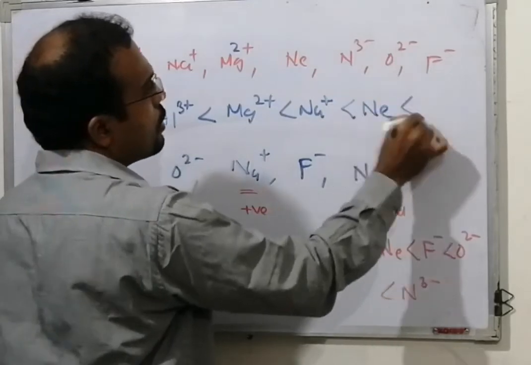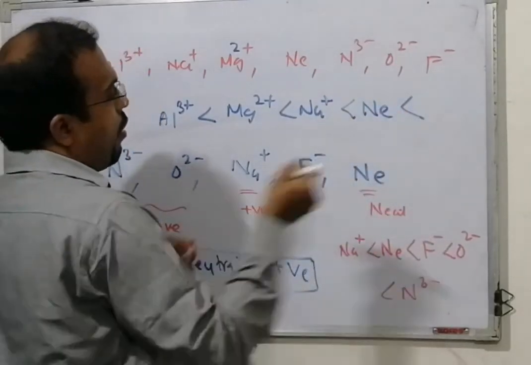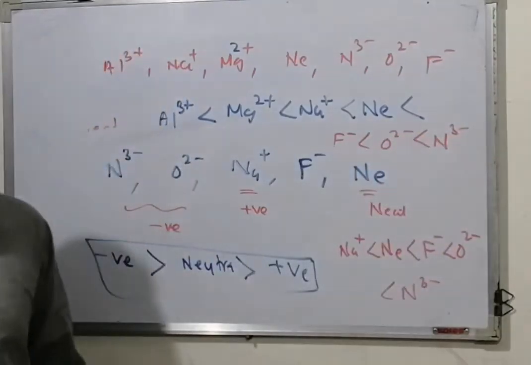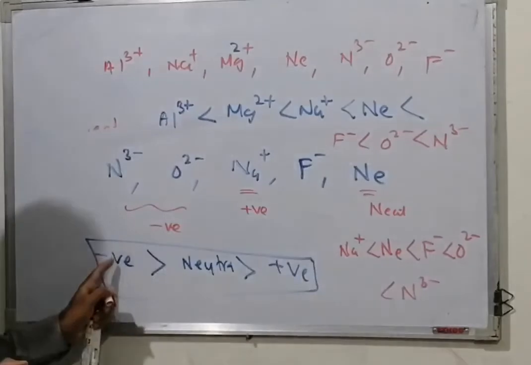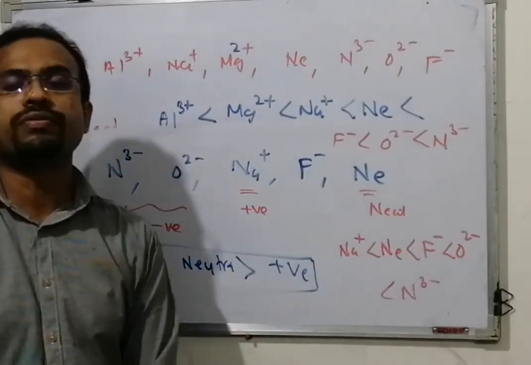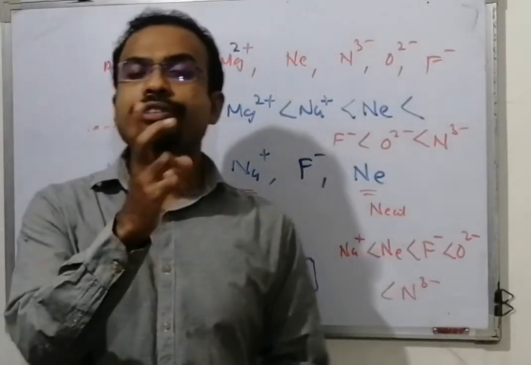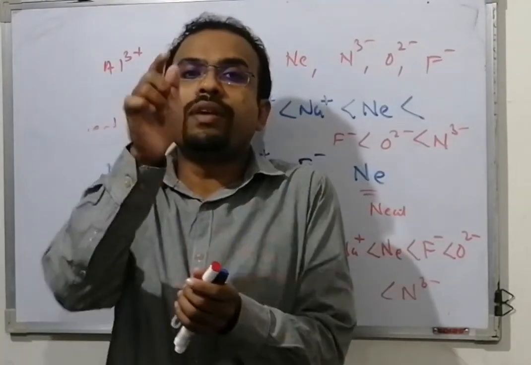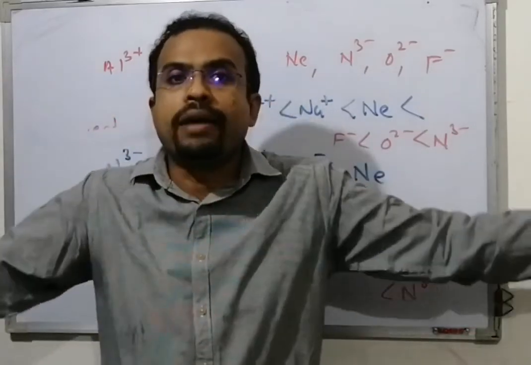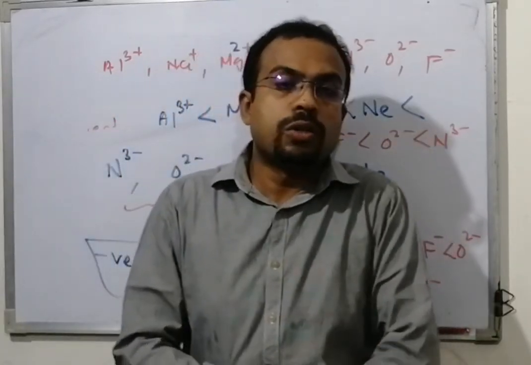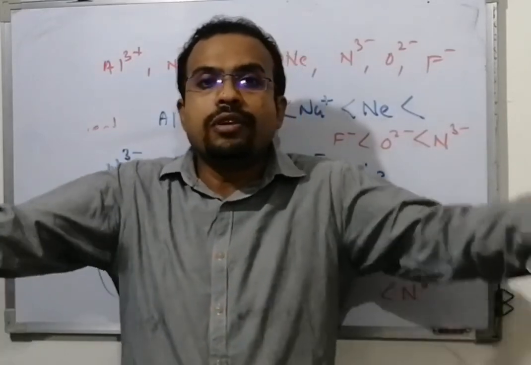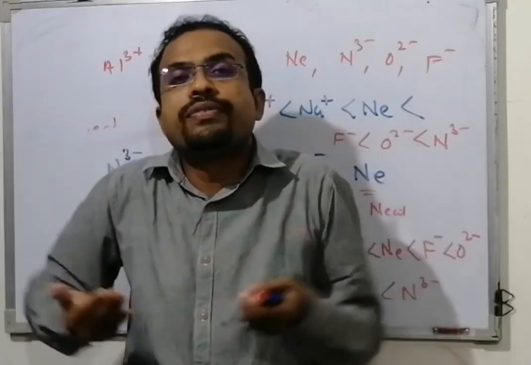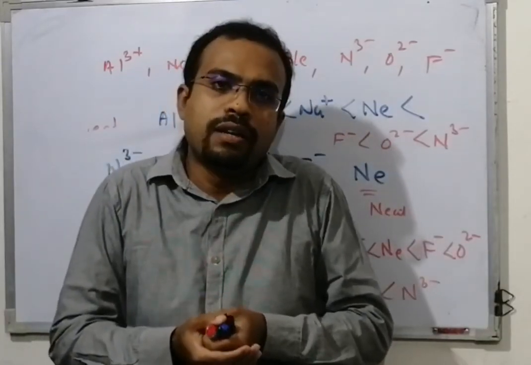Then neutral, then F minus, O2 minus, N3 minus. Very simple, this is the trick: negative greater than neutral, greater than positive. You know why? When negative charge increases, the control of the nucleus over the electrons decreases, therefore it expands. When positive charge increases, the nuclear pull increases, therefore control over the electron cloud increases, it is attracted towards the nucleus, therefore size decreases. Okay, thank you for watching.